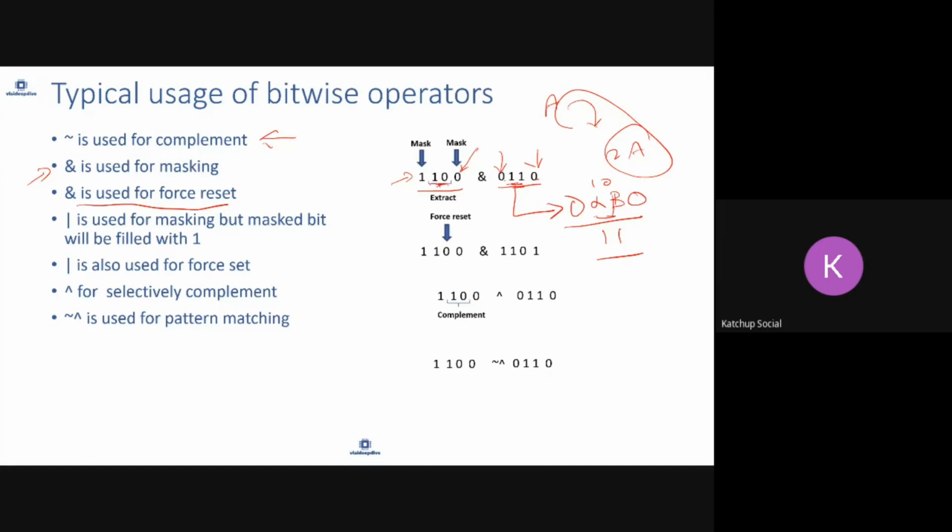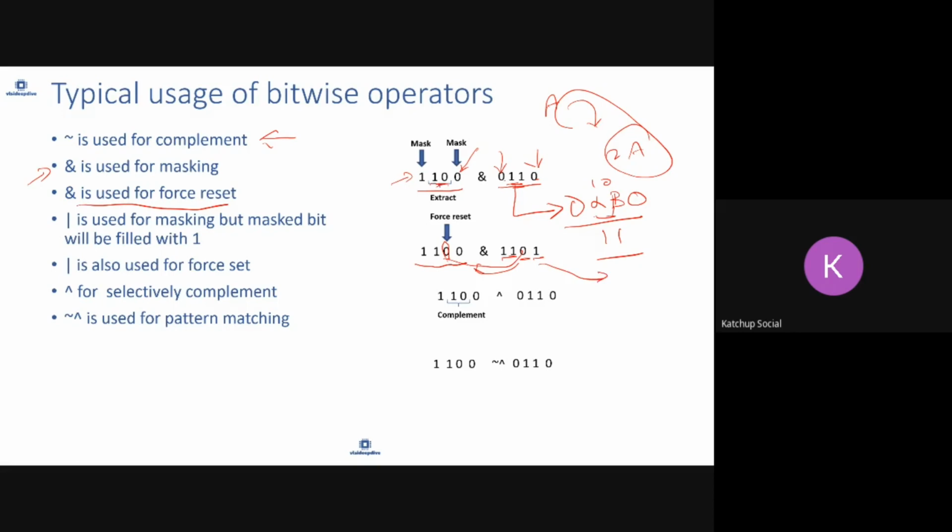Let's say you have this bus, whatever the value is, and you want to force reset this particular bit. So what you will do is make the other bits 1 and this bit 0, whichever you want to force reset. When you AND, because this is 0, this bit will become 0, and the rest of the bits will be the same as previously.